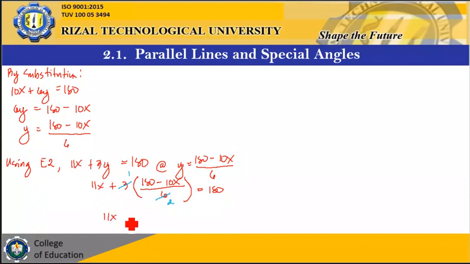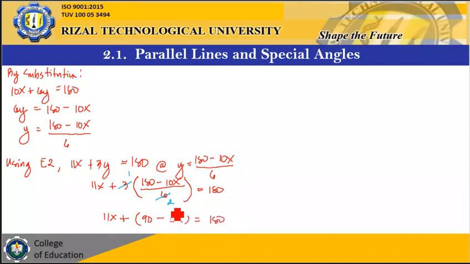What we have here is 11x plus, I can divide already 180 and 2, I have here 90 minus 5x is equal to 180.